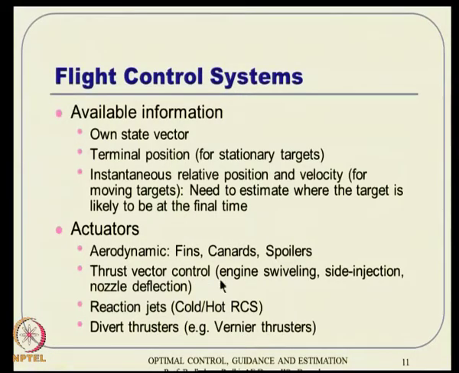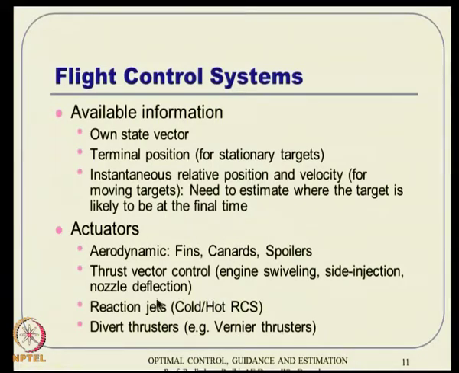Then there is thrust vector control, such as engine swiveling, side injection mechanism, and nozzle deflection mechanism, by which the thrust vector is purposefully deflected away from the missile's own axis. Then you get a lateral component of that, which gives you a moment to turn.